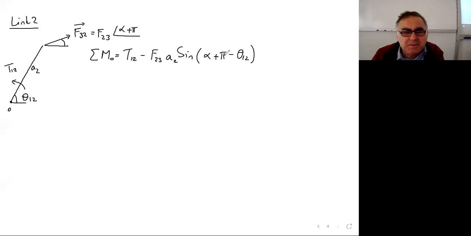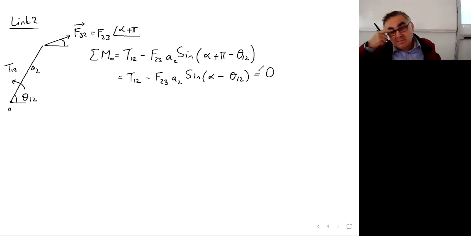Well, this pi is kind of unnecessary here. This you can write as T12 minus F23 A2 sine alpha minus theta equals 0.